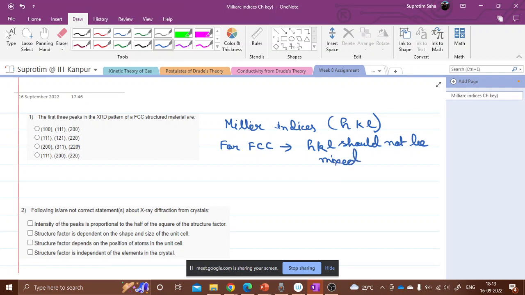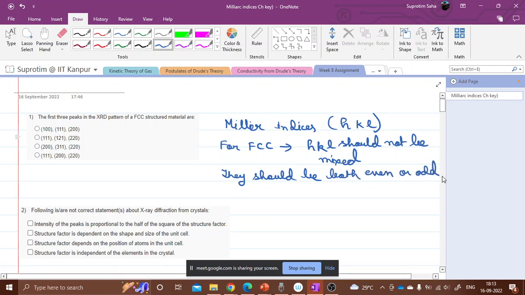Meaning that they should be both even or odd. So why is this so? I'll tell you.